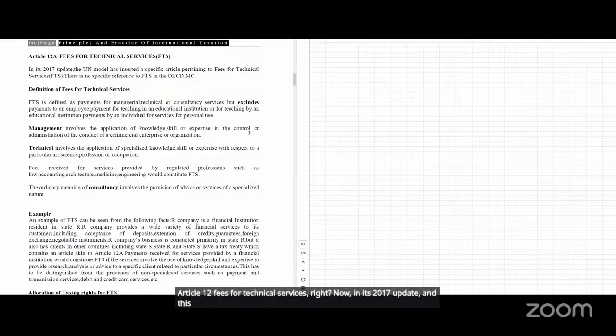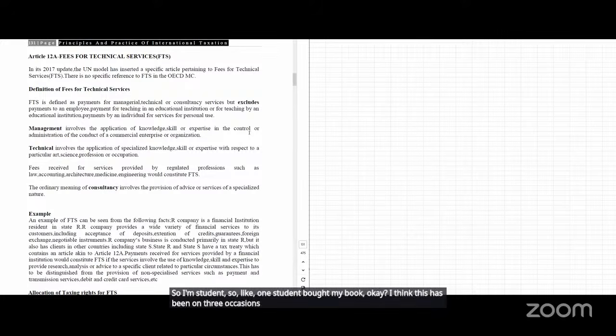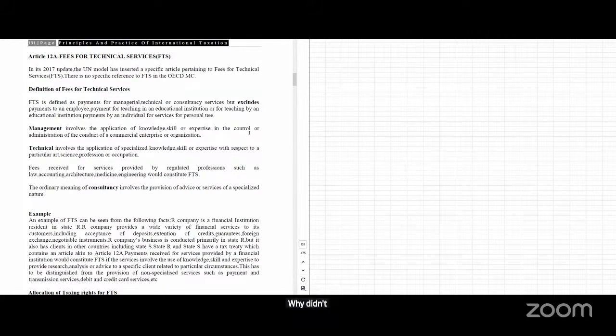Article 12A, fees for technical services. Now, in its 2017 update, and this is only in the UN model, some students saw, like one student bought my book. I think this has been on 3 occasions, and they said I have made a mistake because one question said Article 18, entertainers and sportspersons. Why didn't I put 17? It was a typo. And I said it's not a typo. Let me show you something.